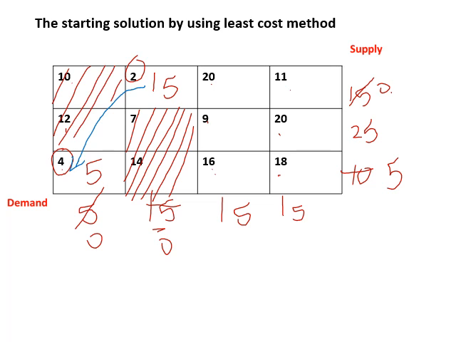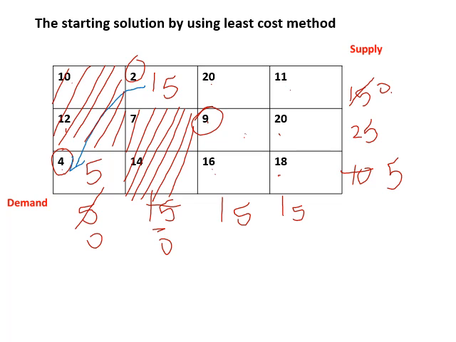Now this column is plugged because we haven't any more amount to be shipped, and we will look at the cells and the costs of shipping for the rest of the cells. We find that the least cost for these 6 cells is 9. So we will get the quantities in this cell.